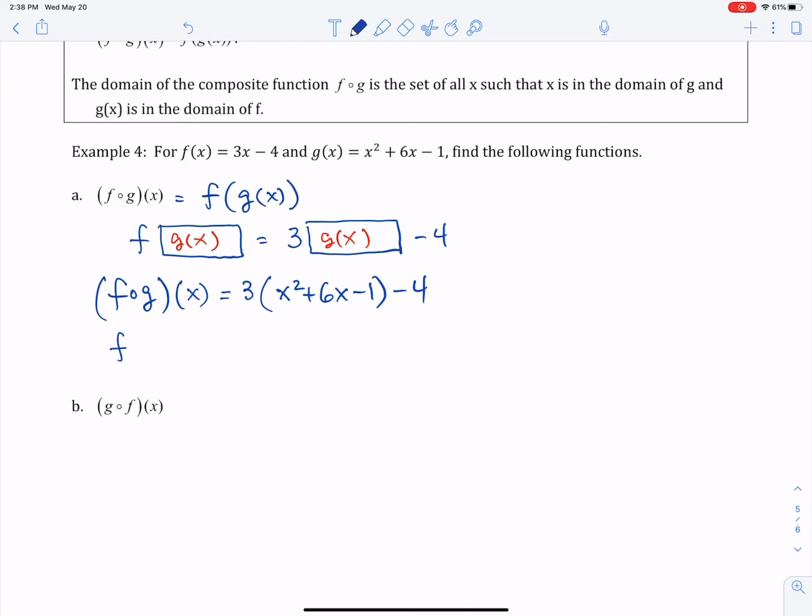And I'm almost done. We just need to simplify this expression, combine the like terms. That's 3x squared plus 18x minus 3 minus 4, it's minus 7. So it's minus 3 from the beginning and then minus 4 at the end, and minus 3 and minus 4 combine to negative 7. And that's my answer.